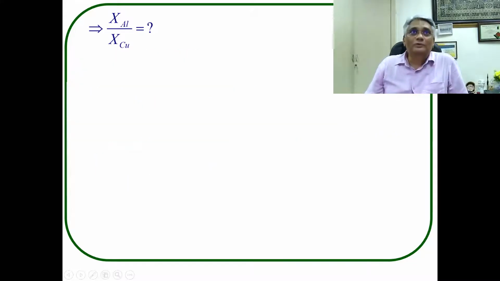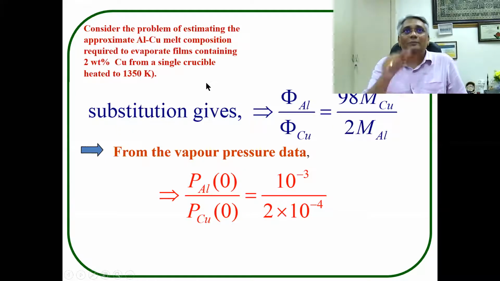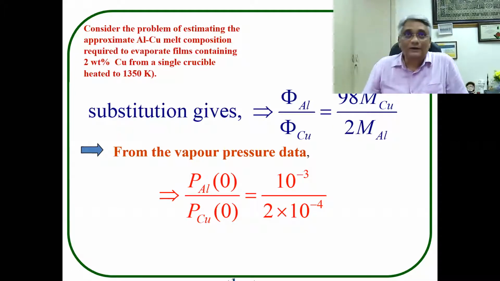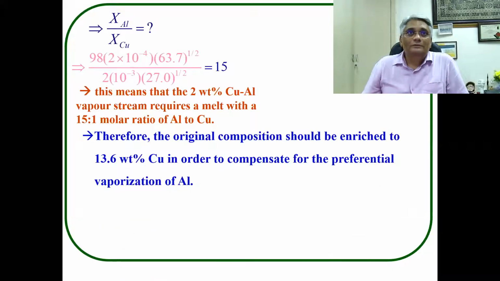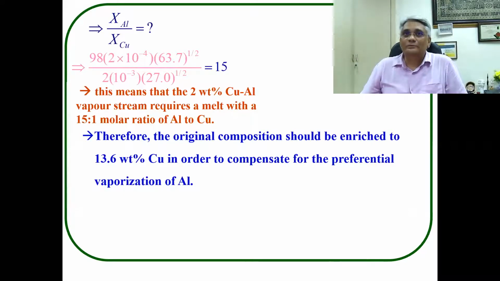So what is the problem that you started with? The problem is to estimate the approximate aluminum copper melt composition required to evaporate films containing 2 weight% of copper from a single crucible. And it turns out that the original composition should be enriched to 13.6 weight% of copper in order to compensate for the preferential vaporization of aluminum.